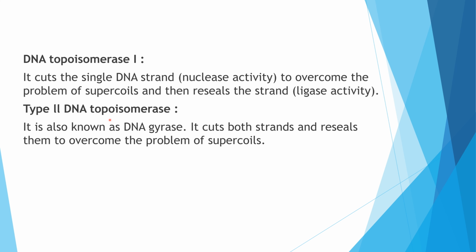Type 2 DNA topoisomerase is also known as DNA gyrase. It cuts both strands and reseals them to overcome the problem of supercoils. DNA topoisomerases are involved in reducing the supercoiling problem.